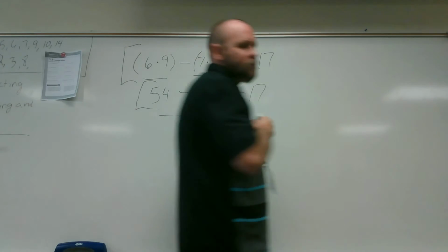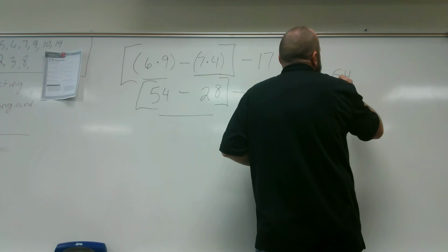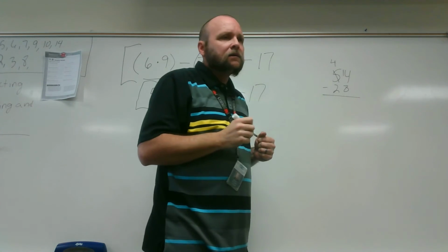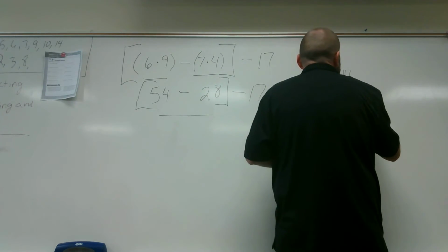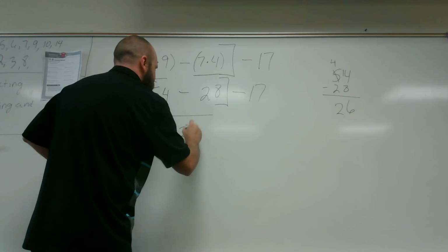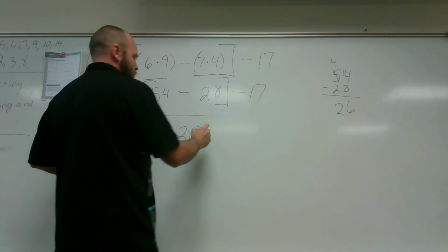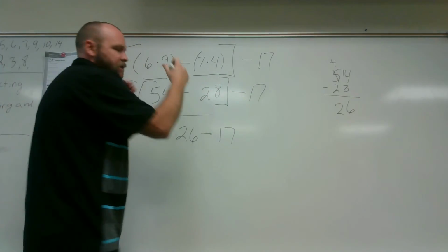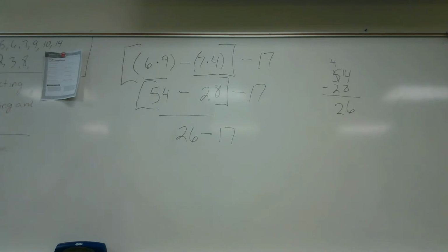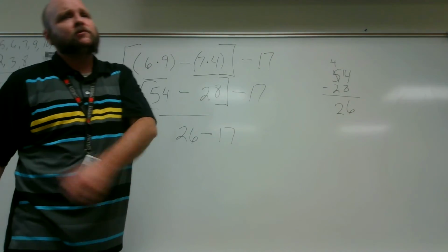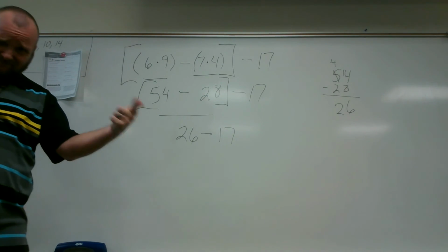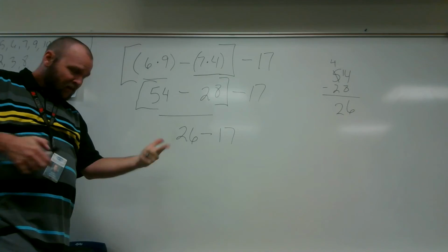Let's do it over here. 54 subtract 28: 14 subtract 8 is 6, 4 minus 2 is 2. So this simplifies down to 26. We bring down the 17. We don't need to bring down the brackets because we're done with that already. So Matt, 26 subtract 17 is what? 9.